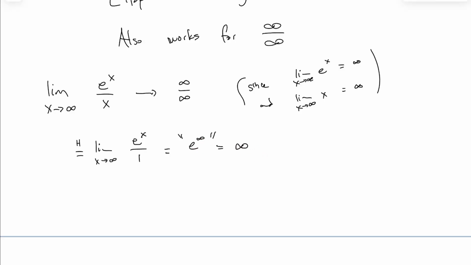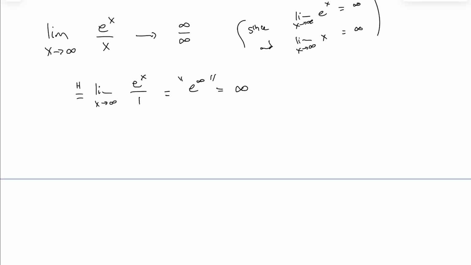That's how we do L'Hopital's rule involving infinities. All right, so the official, formalized statement of L'Hopital's rule, I'm going to write it as a theorem.